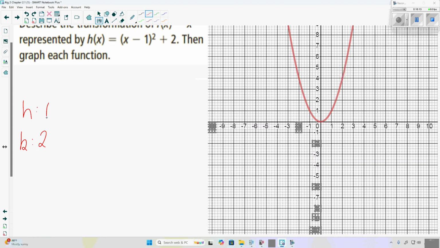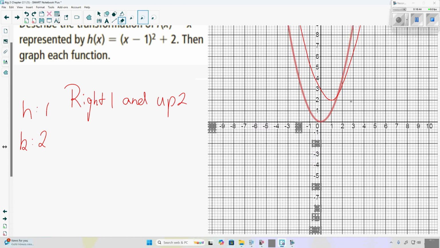Now that tells us our transformation is right 1 and up 2. Right 1, up 2. So this right here would be our new function after this transformation, yes?